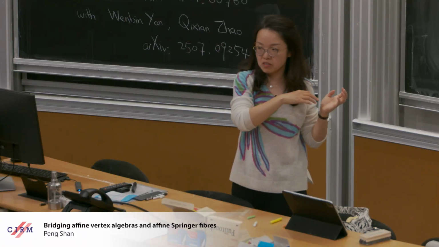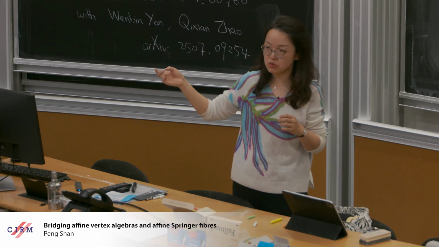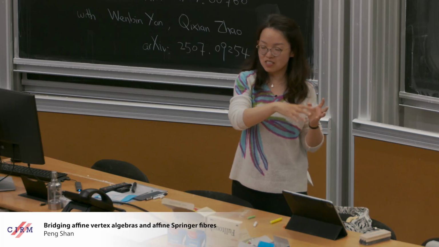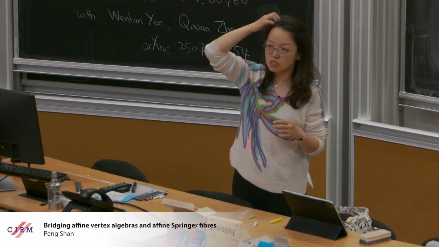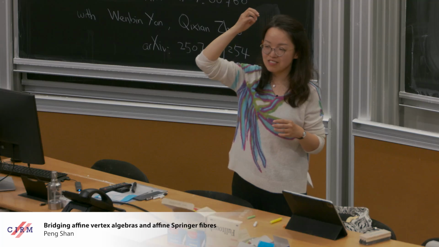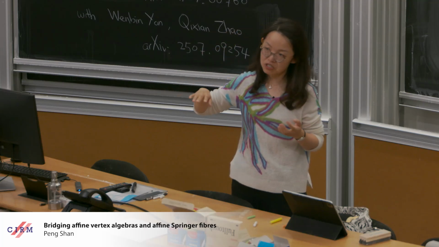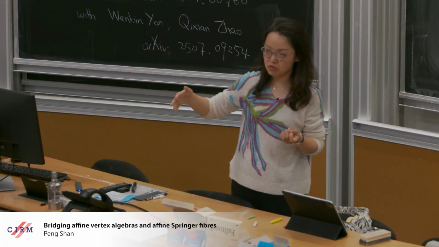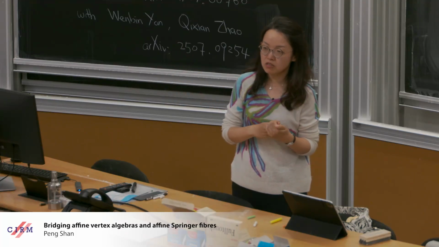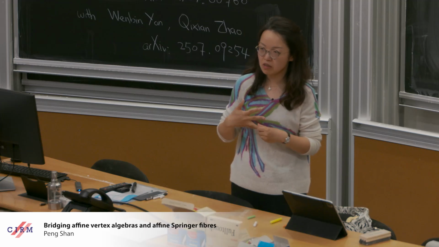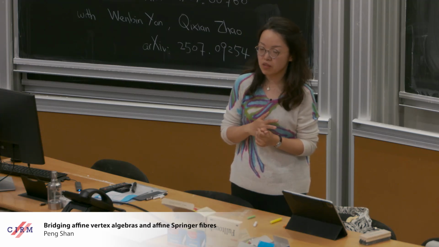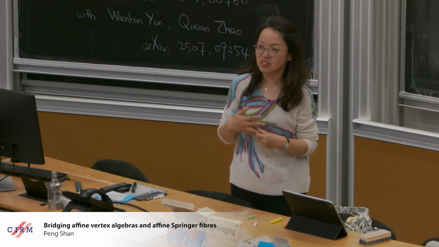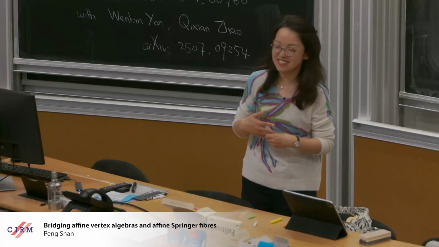Actually, for our picture, if it's not simply laced, it's also the Langlands dual of G hat which appears. And this is a subcategory on one side, and on the dual side it should be related to a quotient category. Then for integer level, that's exactly what we expect to happen, and that quotient should be related to this Springer fiber. But for the rational level, one needs to take some sort of metaplectic covers on that side to match up the bijection.